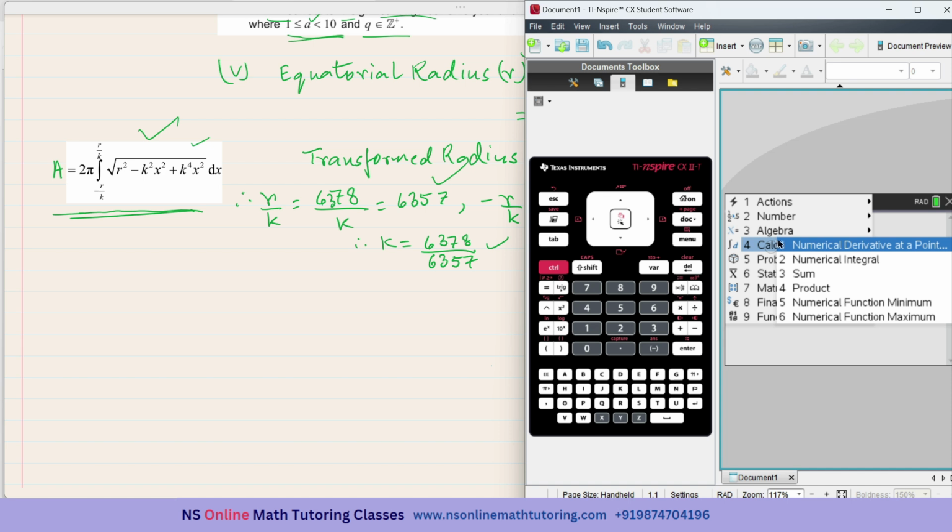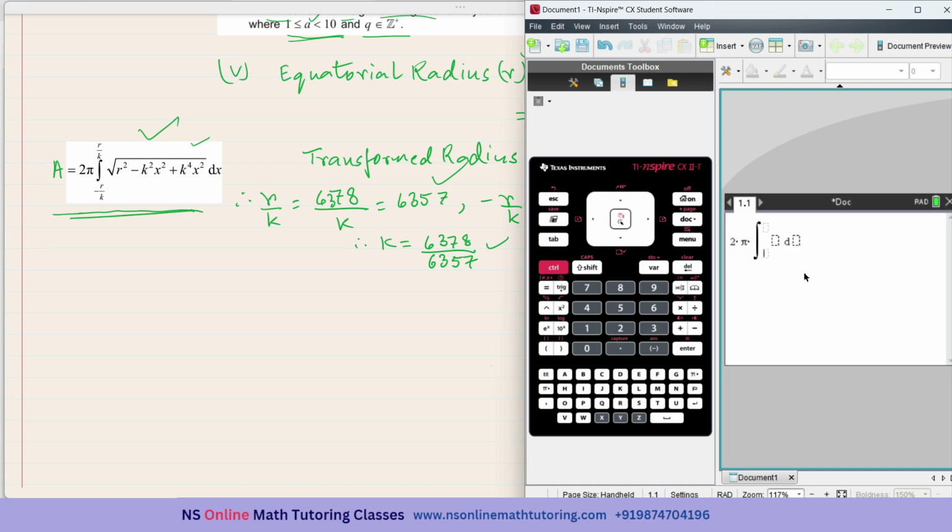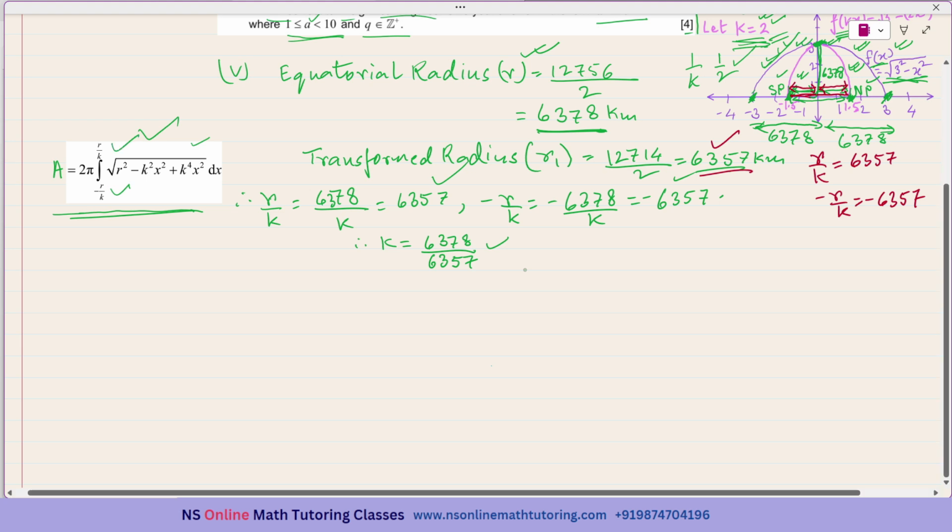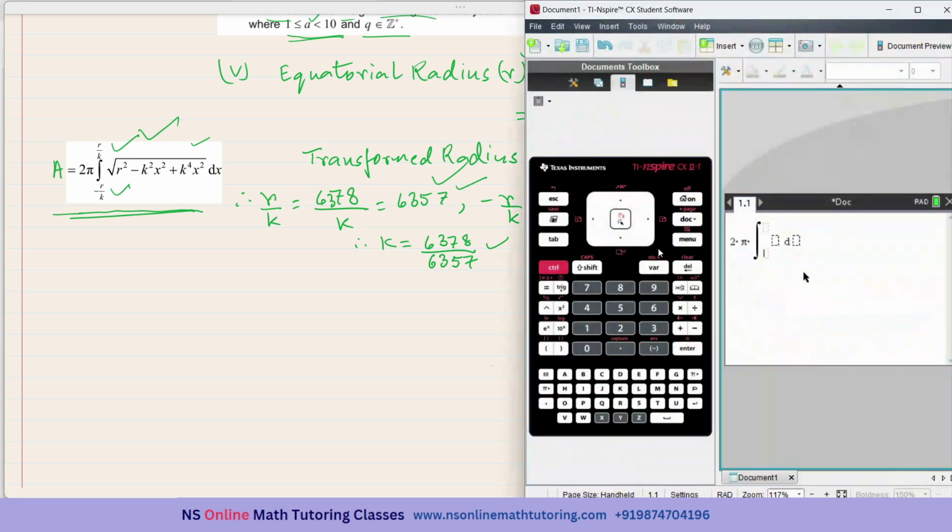So it is calculus and numerical integral. And this is negative r over k to positive r over k, which is negative 6357 to positive 6357.